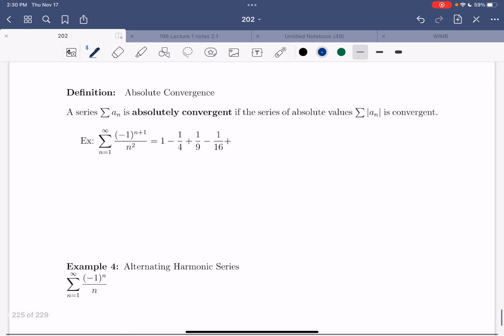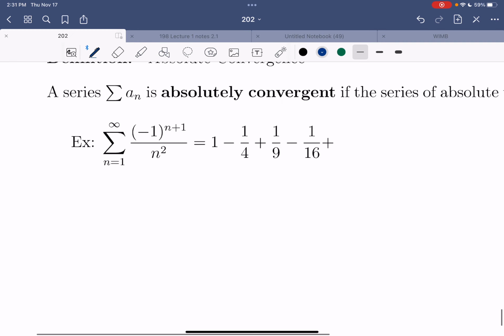Okay, now we get into the idea of absolute convergence versus conditional convergence. A series is absolutely convergent if the absolute value is convergent. So when we take a look at this one, you're looking at the sum n equals 1 to infinity of negative 1 to the n plus 1 over n squared.